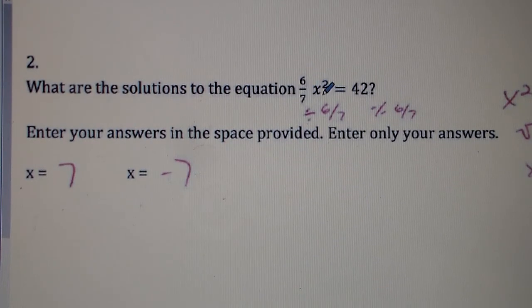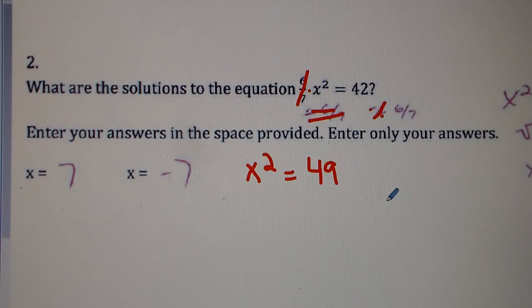And when we divide, the 6/7 times the 6/7, they cancel out. So you have 42 divided by 6/7. That's going to get us 49. So we have x squared is equal to 49. When you take the square root of that, you're going to get x equals 7 and negative 7.